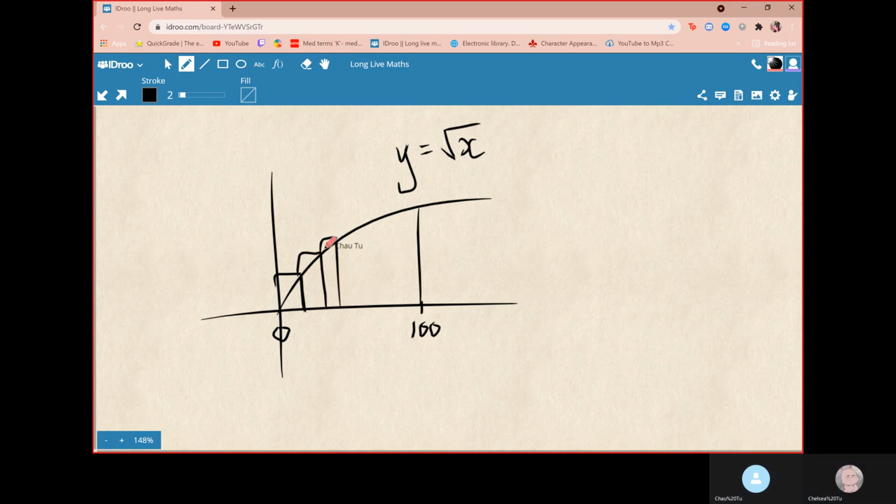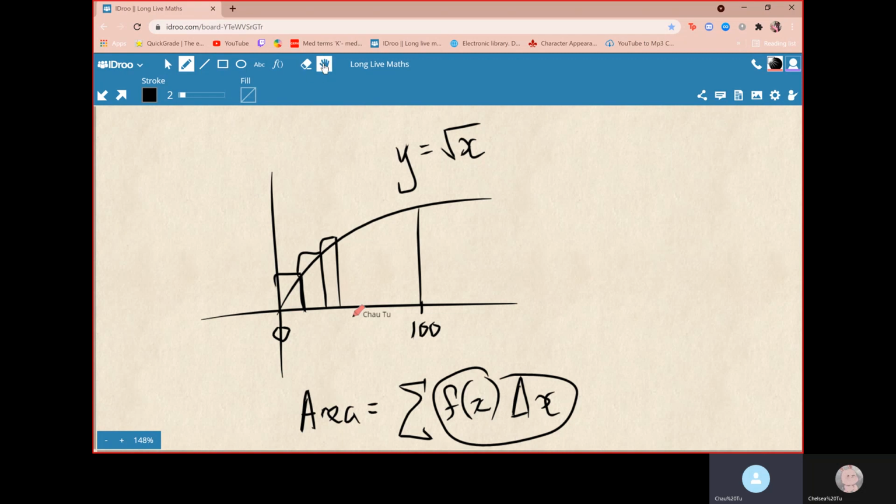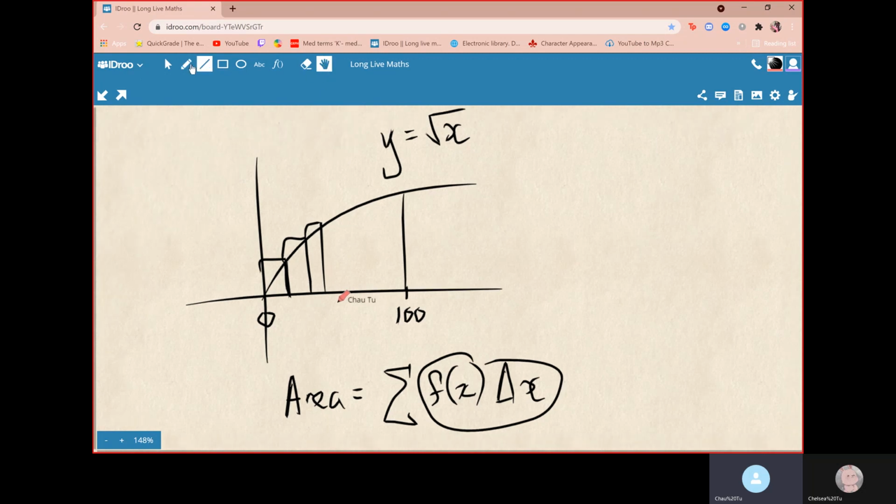It was something like area equals, we would sum up the function f of x times the width, delta x, and then sum up all the rectangles. Can you remember that, roughly speaking? Not really, no.